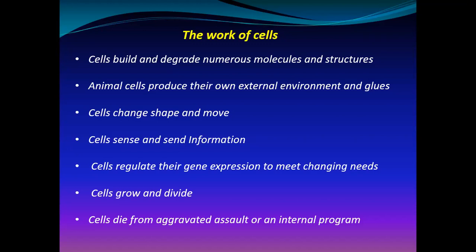What happened? These arteries which are supplying the blood to the myocardium can be narrowed down. When they narrow down, what happened? The blood supply to the heart myocardium decreases. When the blood supply to the myocardium decreases, it means the oxygen supply decreases. When the oxygen supply decreases, it means ATP decreases and the cells die. So that is what we call aggravated assault.